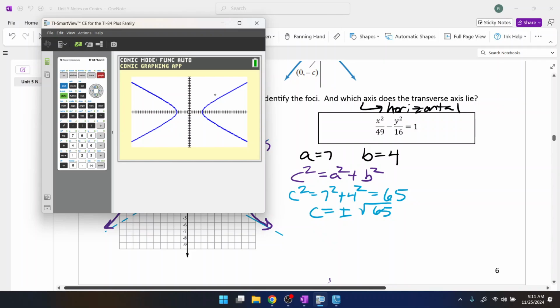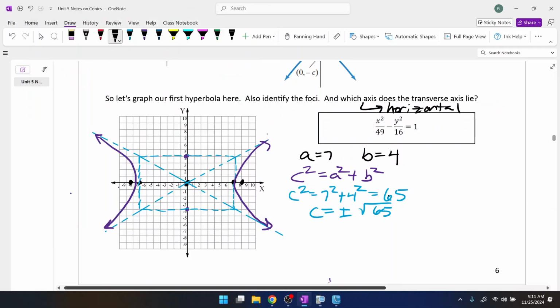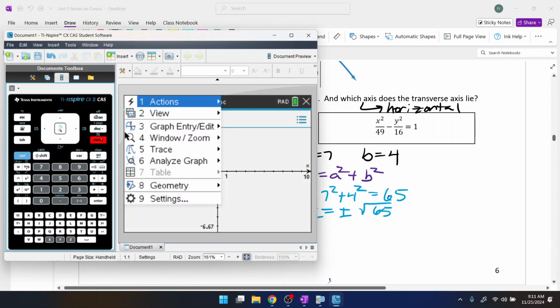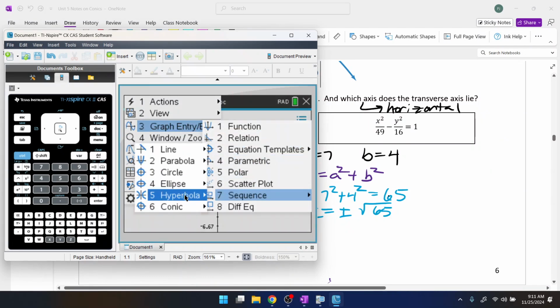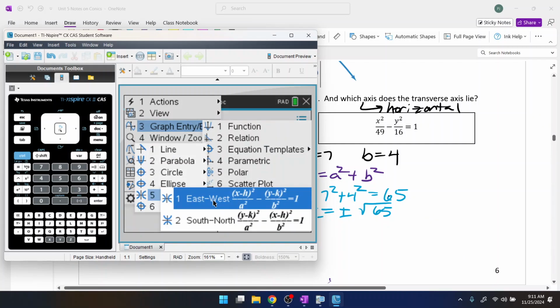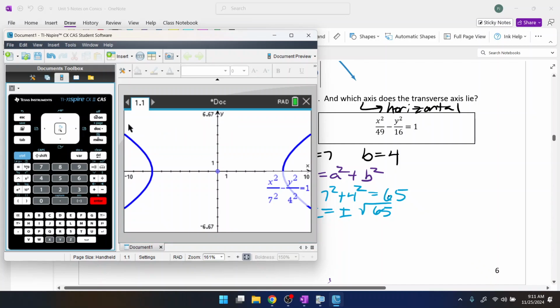I wish I could graph these together in a way, but I'm going to go ahead and use my TI-Nspire. I know it seems kind of silly, but it does have its perks, which I would like to show you a bit here. So yeah, this is what it's going to look like.